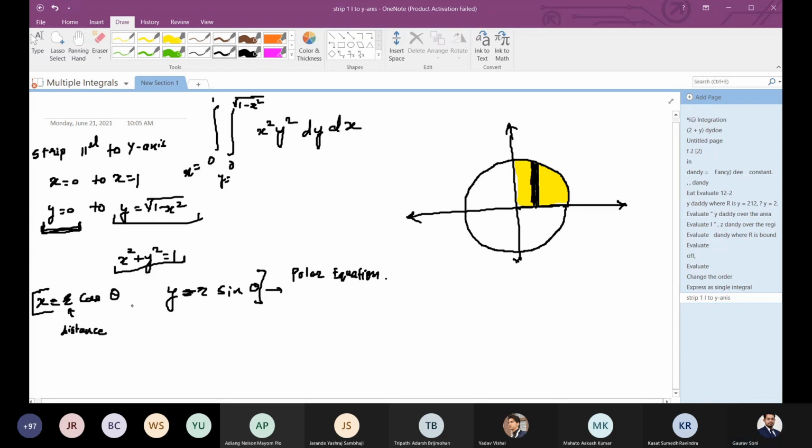And what are the polar coordinates? In polar coordinates, x is substituted as r cos theta and y substituted as r sin theta. In this, the r represents the distance of the point from the origin, and the theta represents the angle with positive x-axis.